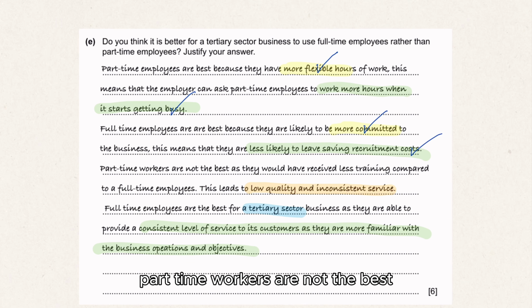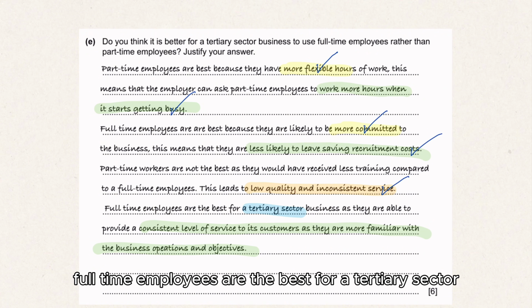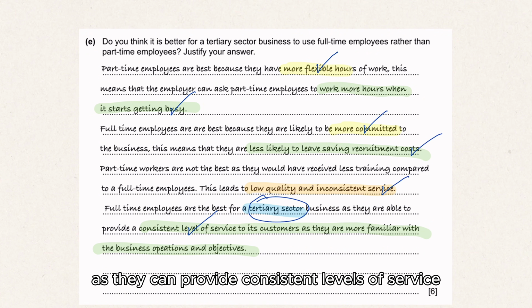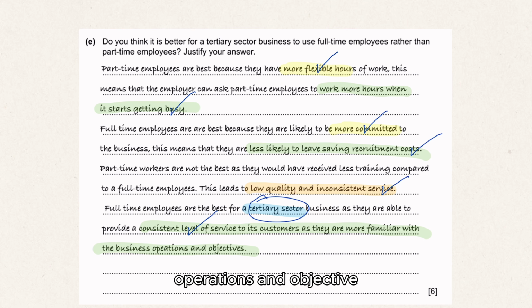Part-time workers are not the best as they have received less training, which may lead to low quality and inconsistent service. Full-time employees are the best for a tertiary sector as they can provide consistent levels of service to customers as they are more familiar with the business operations and objectives.